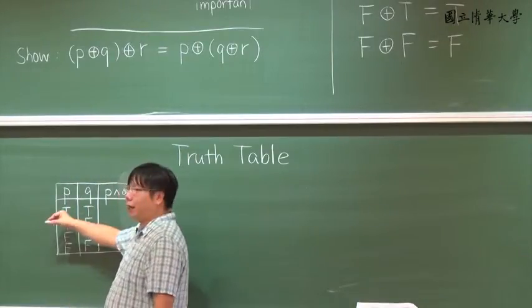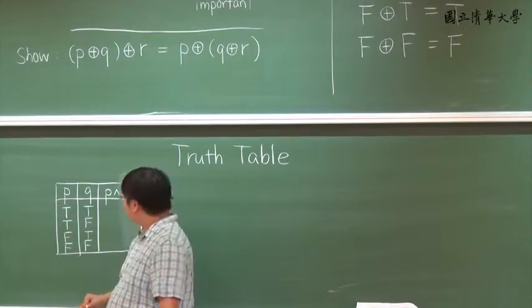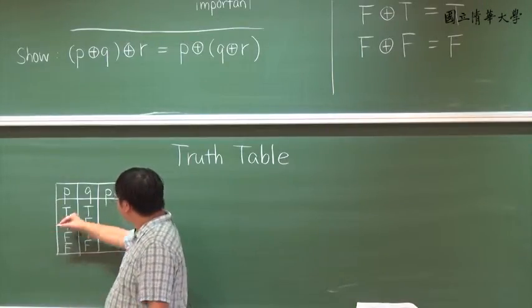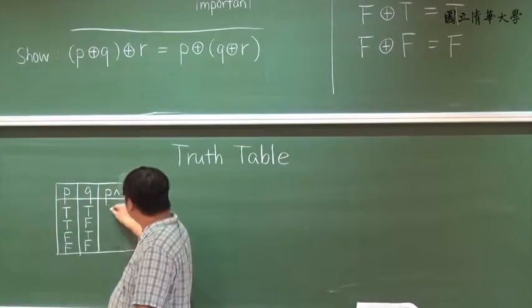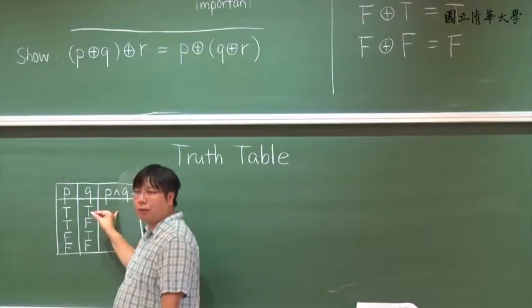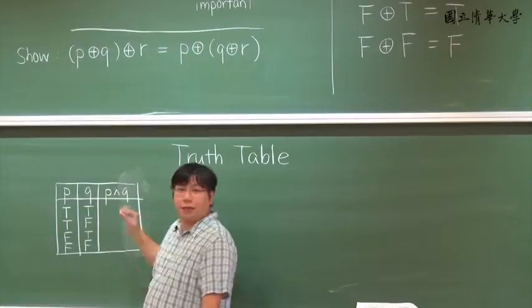Each row represents a particular case. So this says that when P is true, Q is true. And then on this part, we write down the value of P and Q.